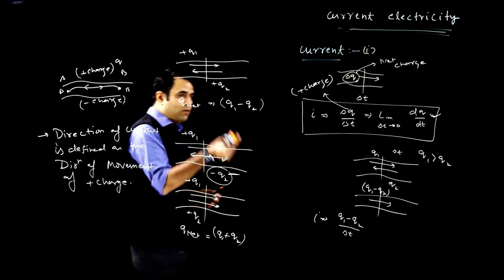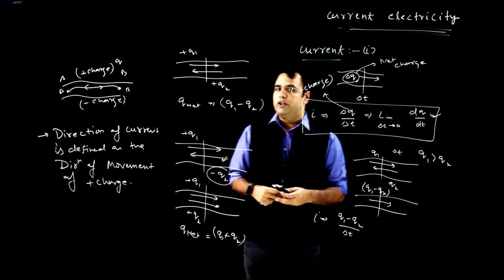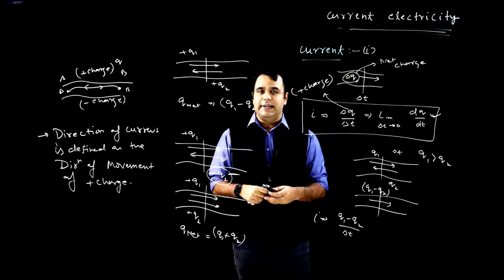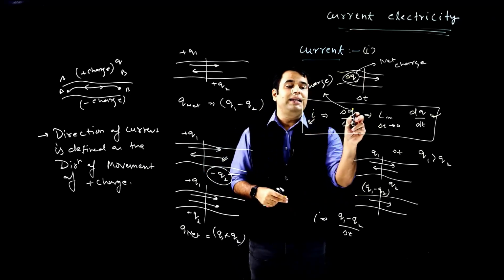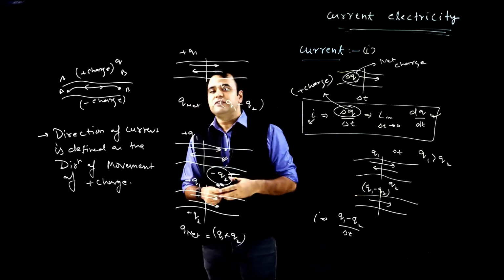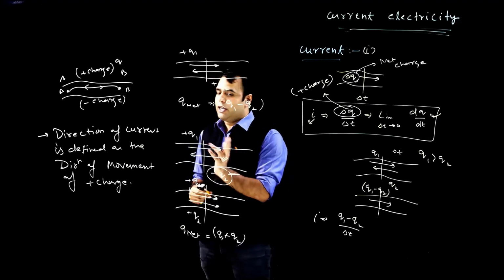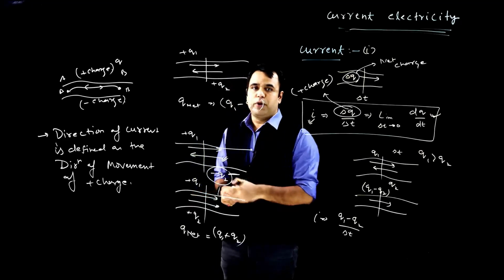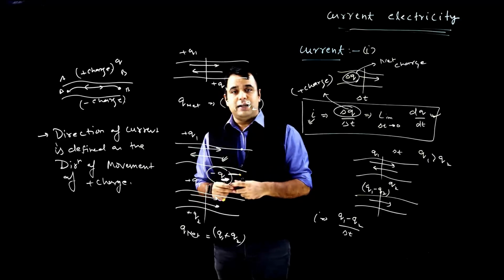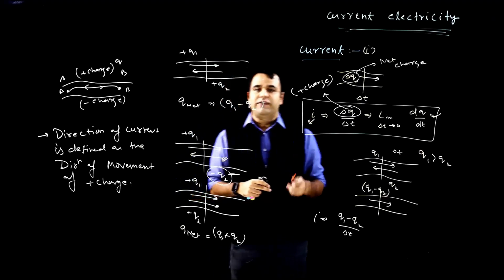That's why when a negative charge was given to us, we replaced the movement of negative charge by the movement of positive charge, so that we can calculate the value of current as well as the direction of current. Because to calculate the current, we need the net movement of positive charge. If only positive charge is given to you, you will take the difference. If negative charge is given to you, first you convert the negative charge into positive charge, and then calculate the net flow of charge, and corresponding to that we calculate the current as well as the direction of current. Okay, so that's how we define the current.